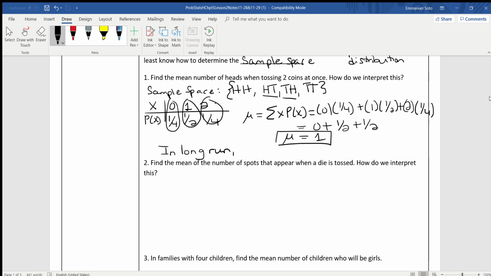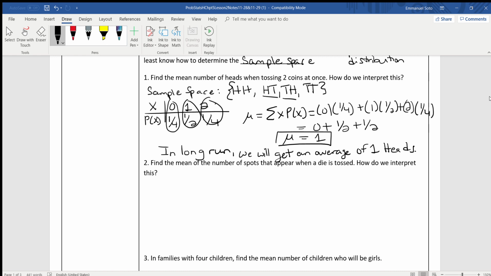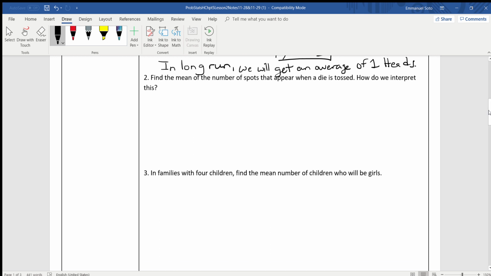All right, so in the long run, we will get an average of 1 head. All right, so let's go ahead and do the same thing for a die roll.